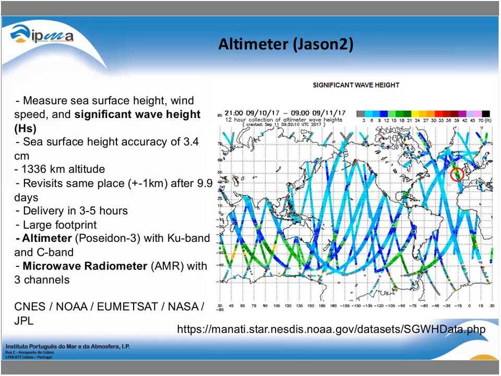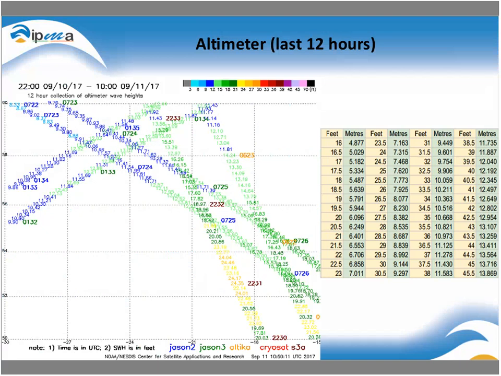So when you click there, you get this zoom with the passage of Jason-2, Jason-3, Altimeter, GraphSat, and S3A through the area.